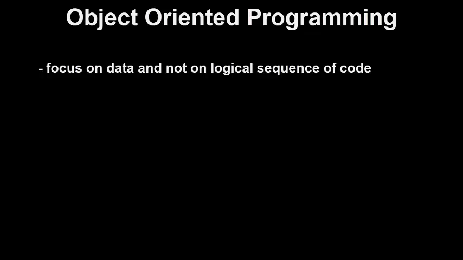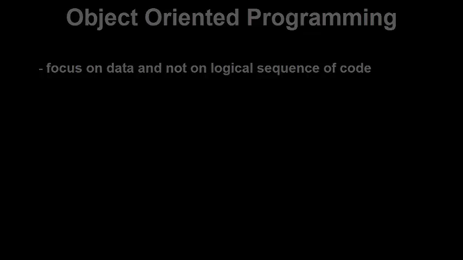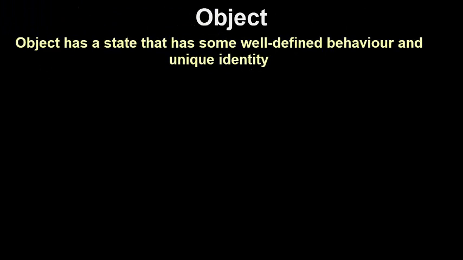Object-oriented programming concepts in Java work by letting programmers create components that can be reused in different ways but still maintain security. Here, object is the main feature of the OOPS concept. An object has a state that exhibits well-defined behavior and unique identity.